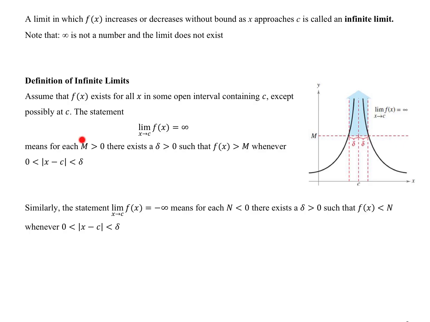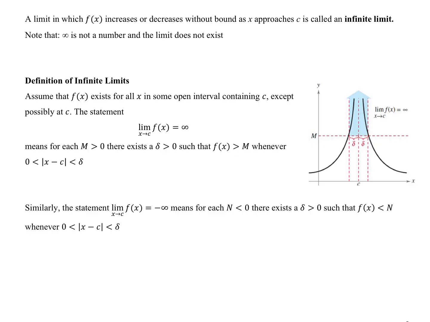That means for each M, you give me any arbitrarily large number M, and I can find a delta so that whenever the x value is within delta range around this c, the function value f of x is always larger than the value that you choose.